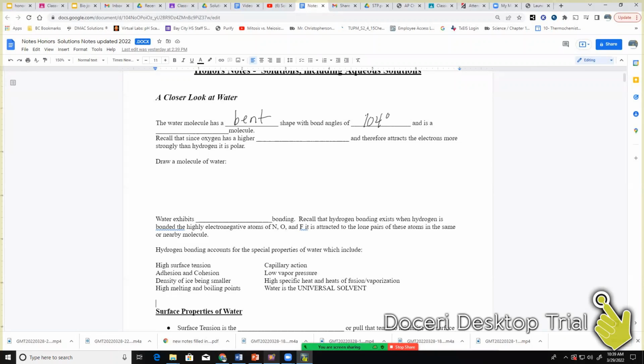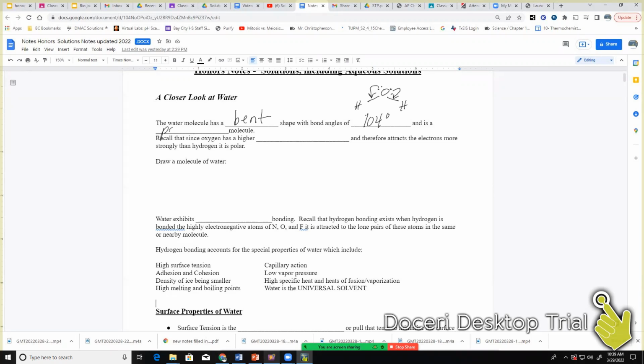We did that on molecular geometry. If you think about a water molecule, this oxygen has two lone pairs, so those lone pairs repel the electrons that are in the bond, and so instead of being linear or just straight across, that forces them to end up being bent.